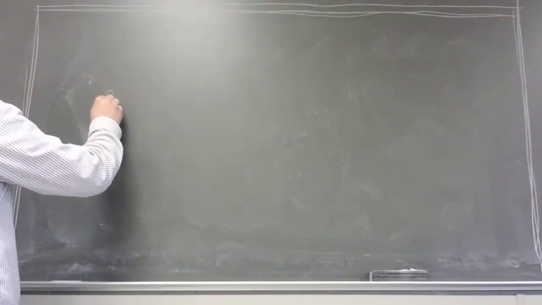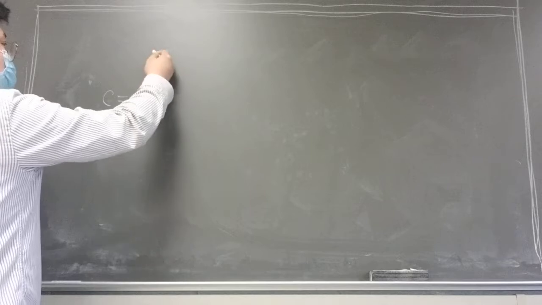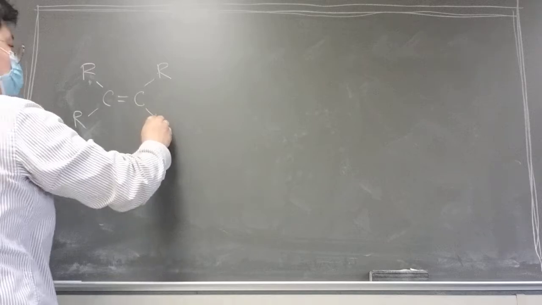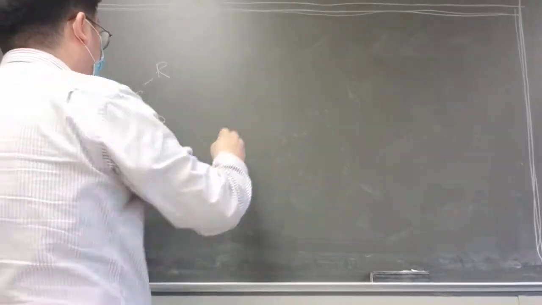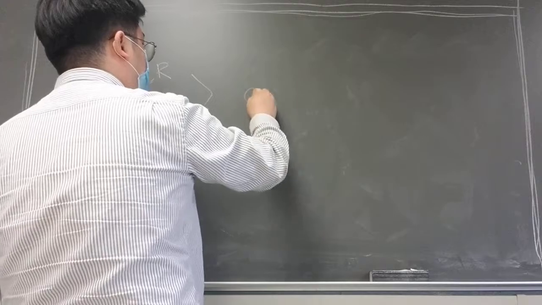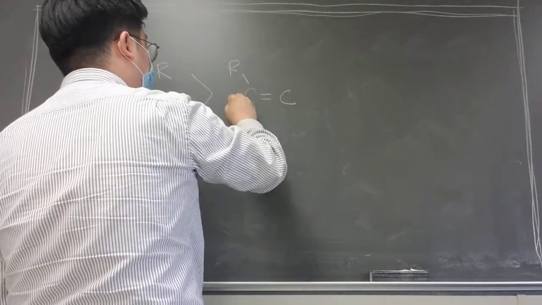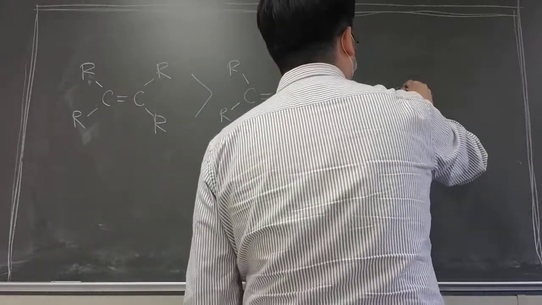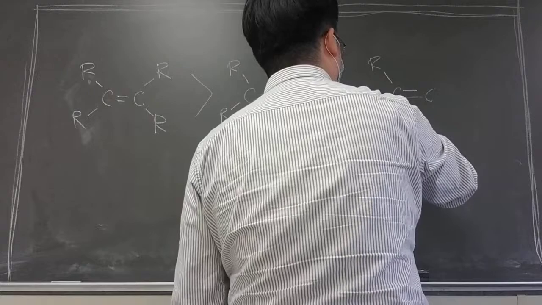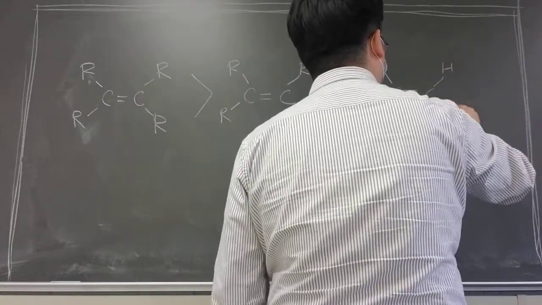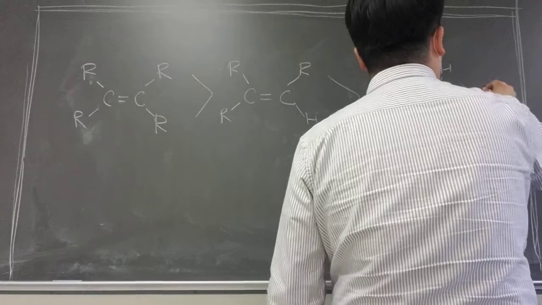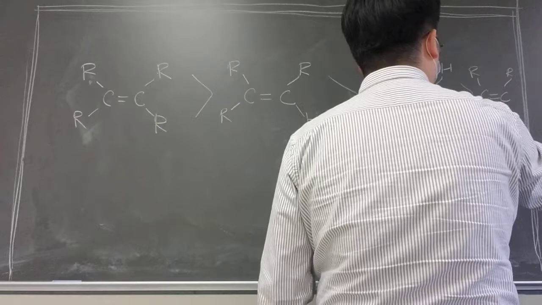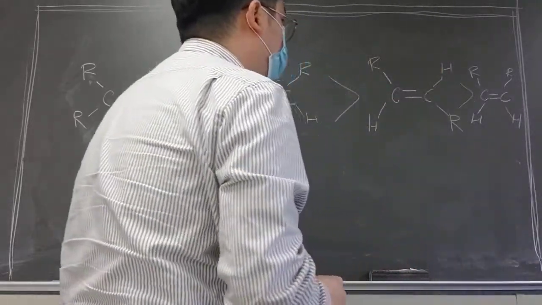Whenever you have alkene groups here, this is a tetra-substituted alkene. And we have tri, we have di, and we have another one on the cis position configuration.